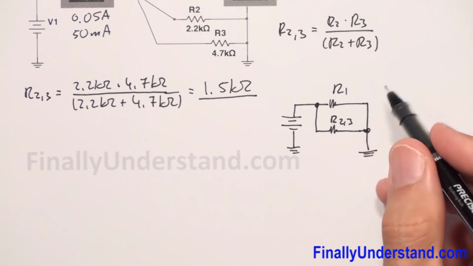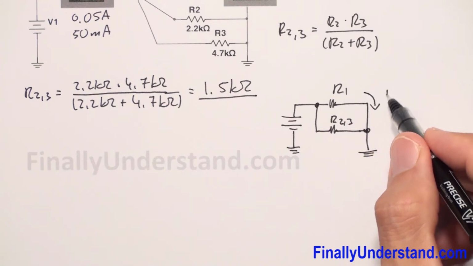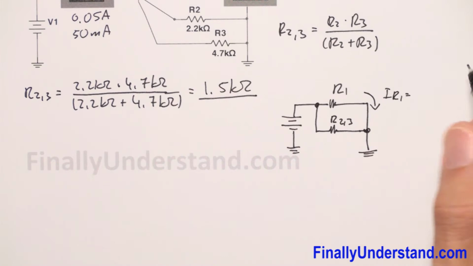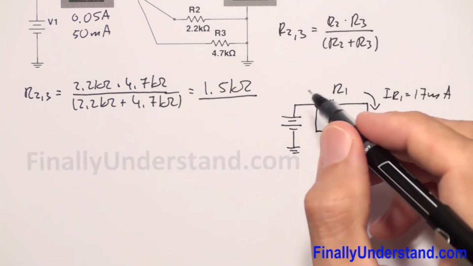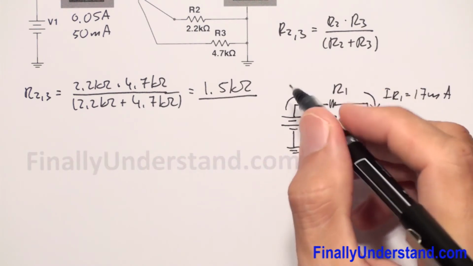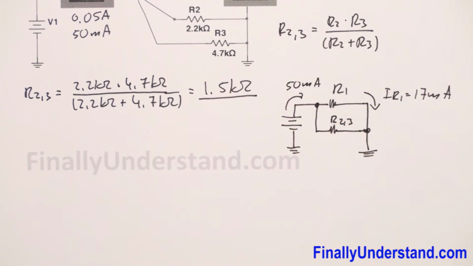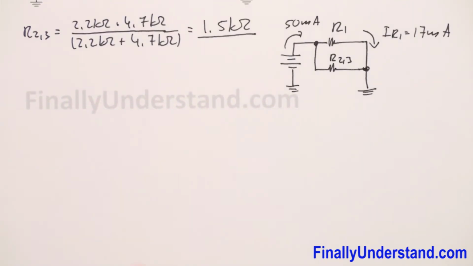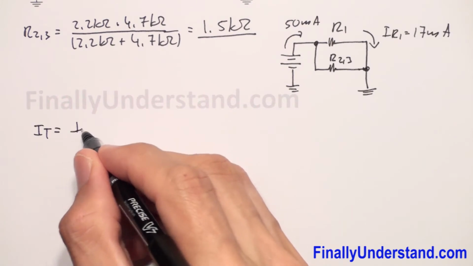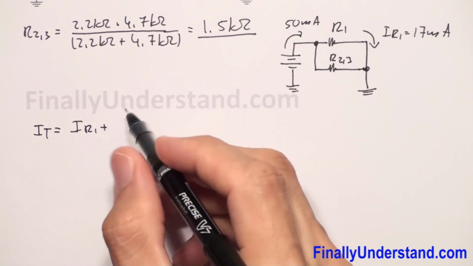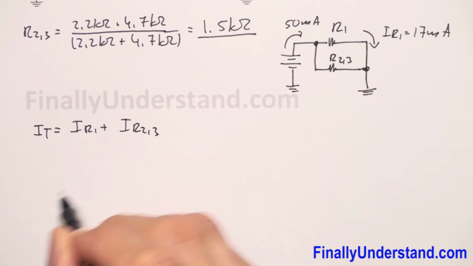resistance. Now keep in mind that we have been given this current. This is my IR1, which is equal to 17 milliamps. We are also given I total, which is equal to 50 milliamps. Now KCL says in this case that I total is equal to IR1 plus IR23.